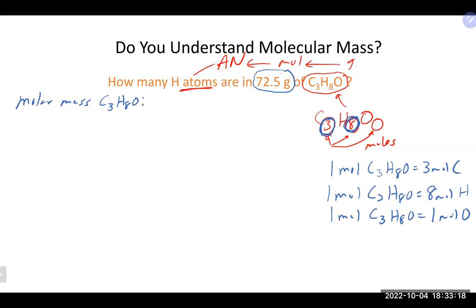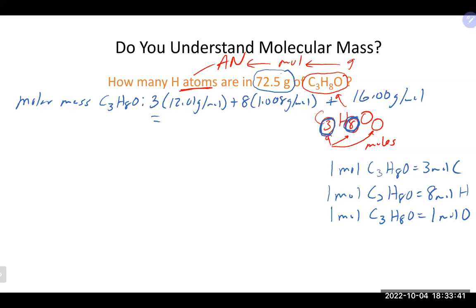C3H8O is basically just adding up the parts. That's 3 times 12.01 for our carbon, plus 8 times 1.008 for our hydrogen, plus 16 from our oxygen. All those numbers come from the periodic table.